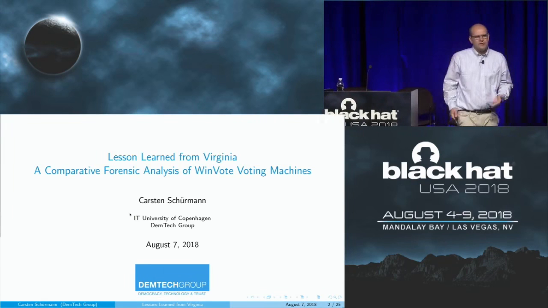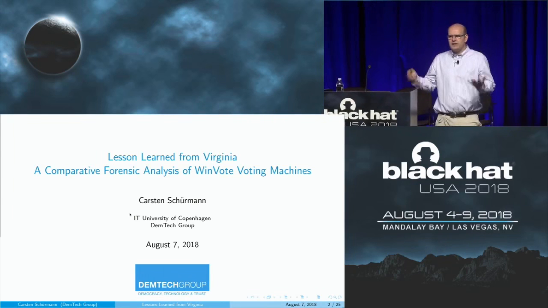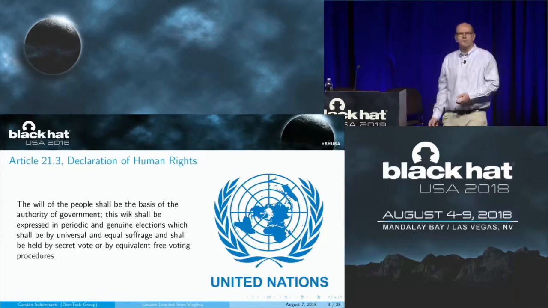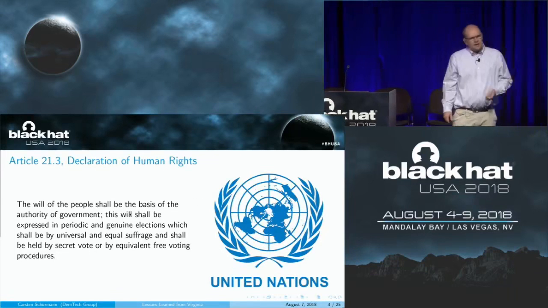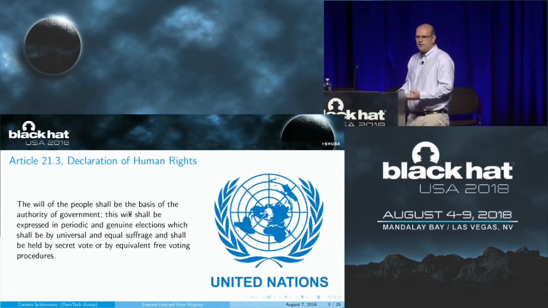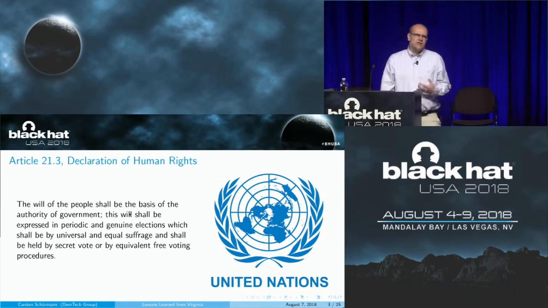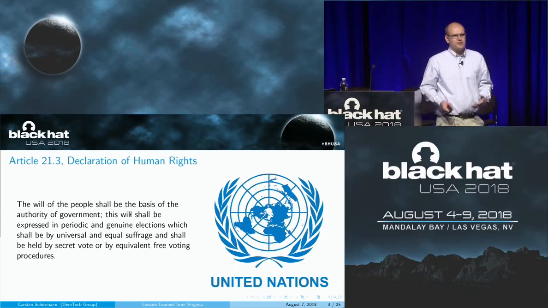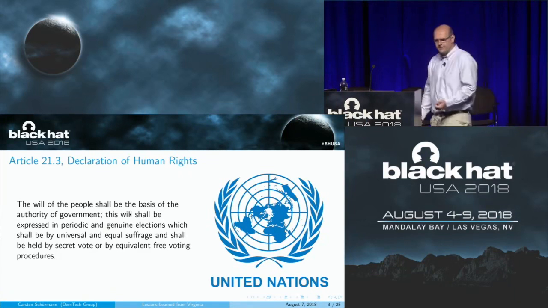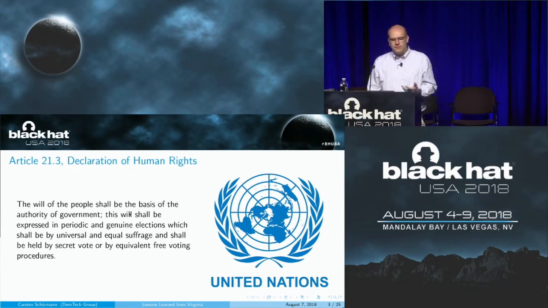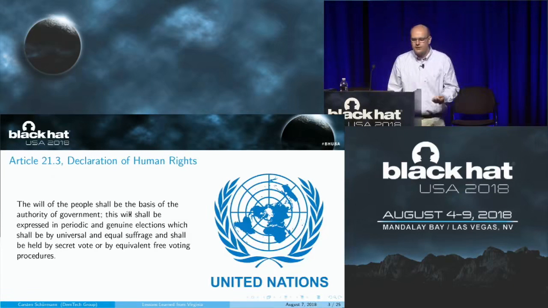So the first thing I'd like to do is take a little bit of a helicopter view on elections. The Declaration of Human Rights, Article 21.3, states that a genuine and credible election is a human right. It says literally, the will of the people shall be the basis of the authority of government.